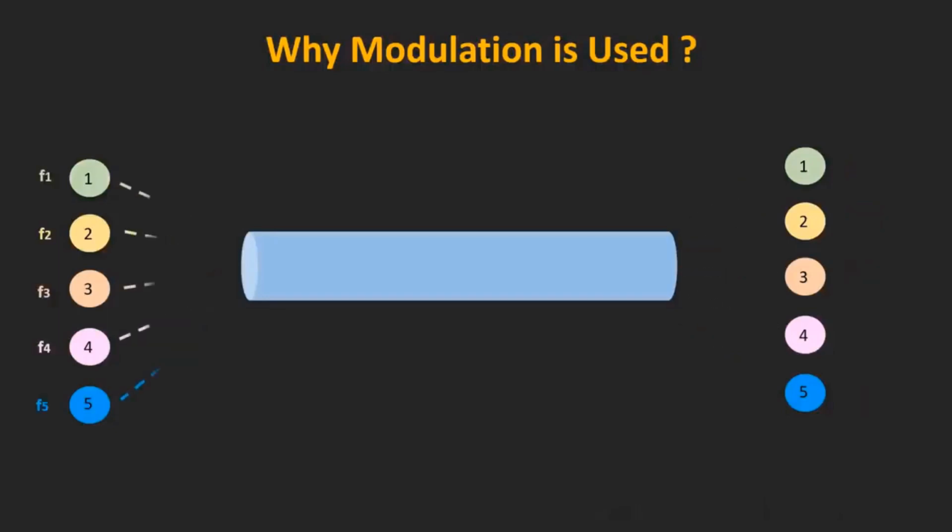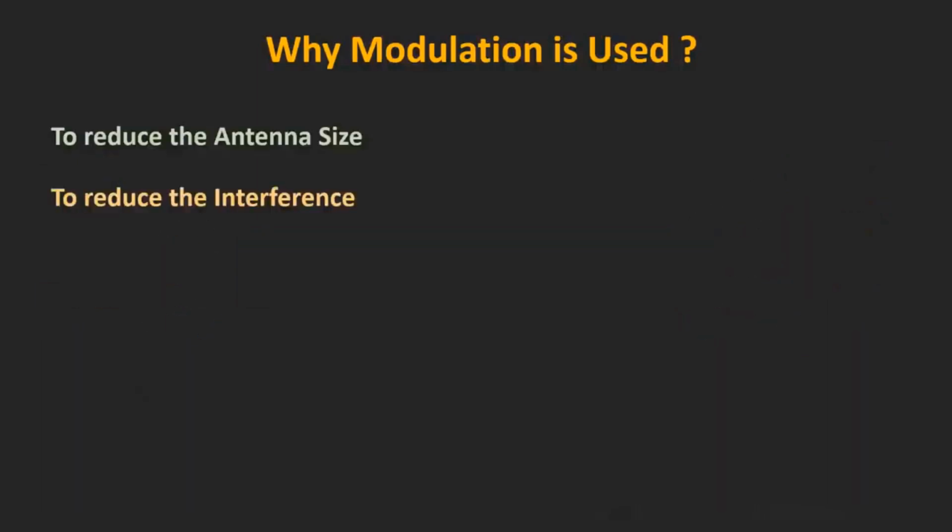Interference, in the sense, is collision with a nearby signal. If I am transmitting signals through a common channel, here 5 sources are transmitting in a common channel, so there is a chance of misleading the signal, in the sense the signals may interfere with each other, and at last the original signal may not be recovered at the receiver end.